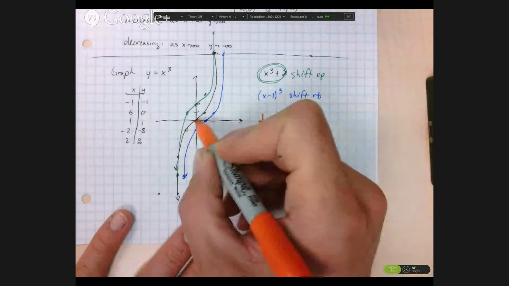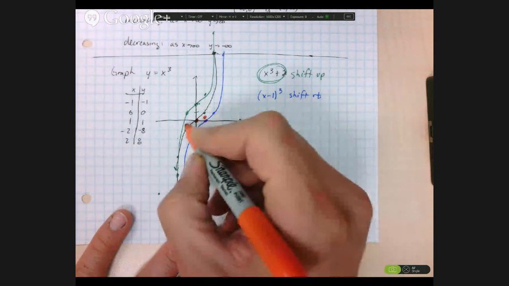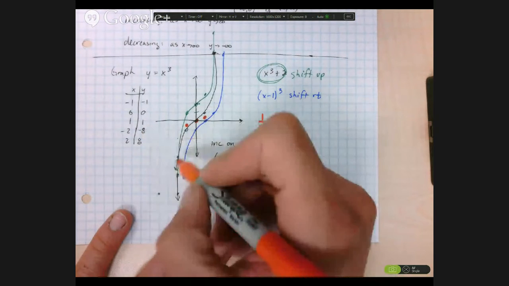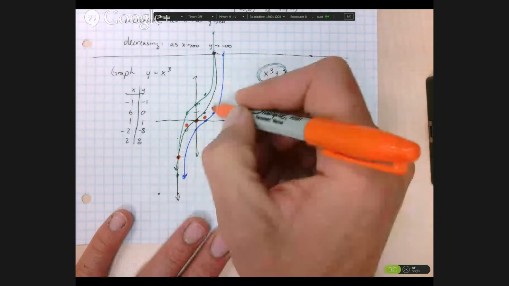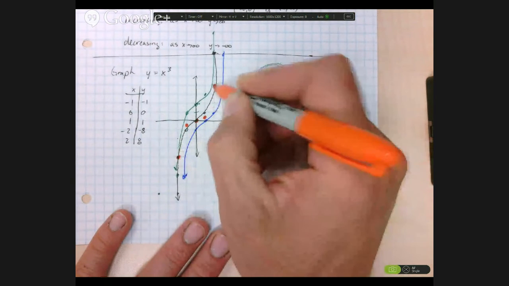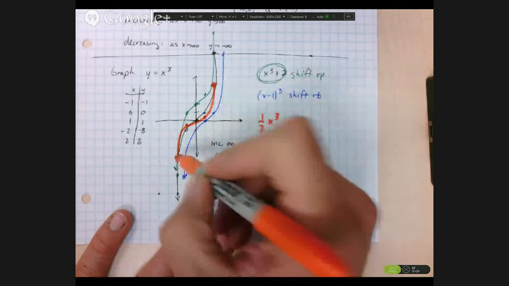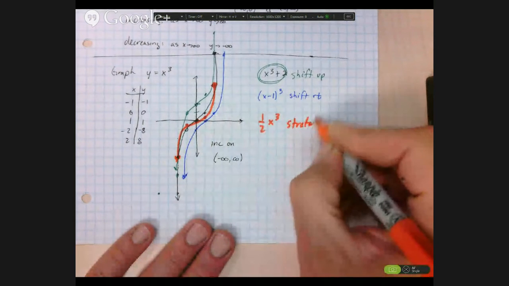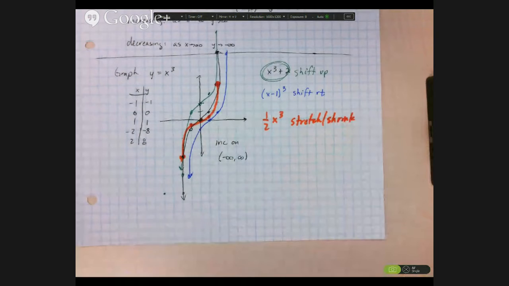Here's still 0, but here it's going to be 1 half and negative 1 half. This one's going to be negative 4. You see how it's kind of stretch or shrink it. Okay, you just kind of have to get those down.